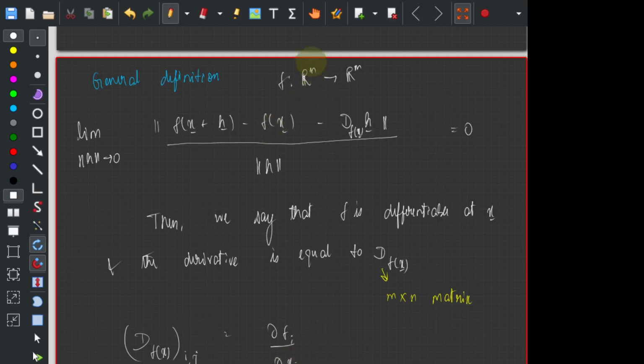Remember that f is a function from Rn to Rm. So in other words, you can view this as m different functions, each a function of Rn. So the entry is the partial derivative of the ith component of f taken with respect to the jth component of x.